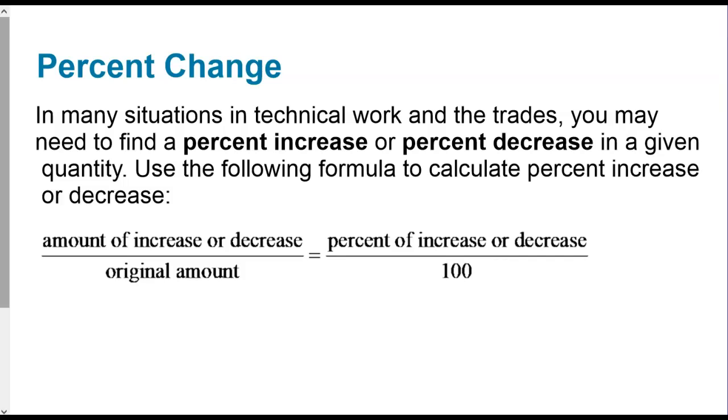What we want to look at is how much things have gone up compared to the original amount. That's our percent of increase or decrease. So it's basically the amount of increase or decrease over the original amount. What did you change over how much you started with?